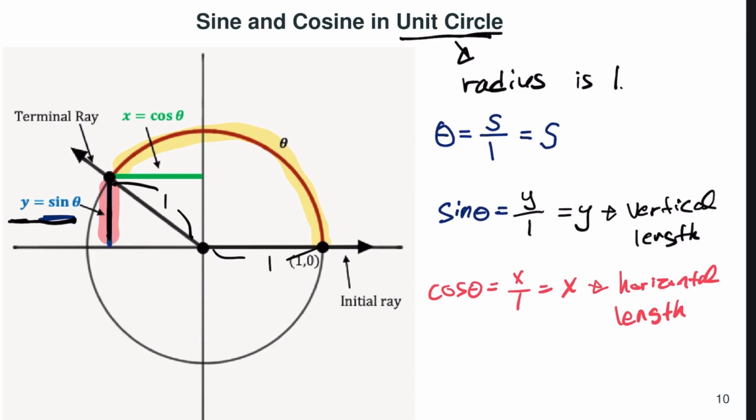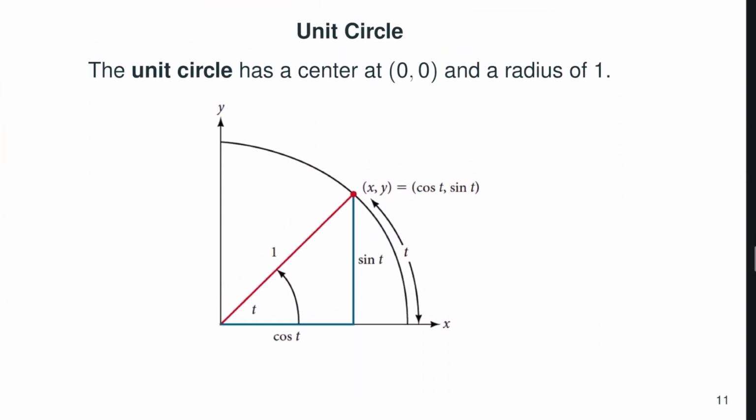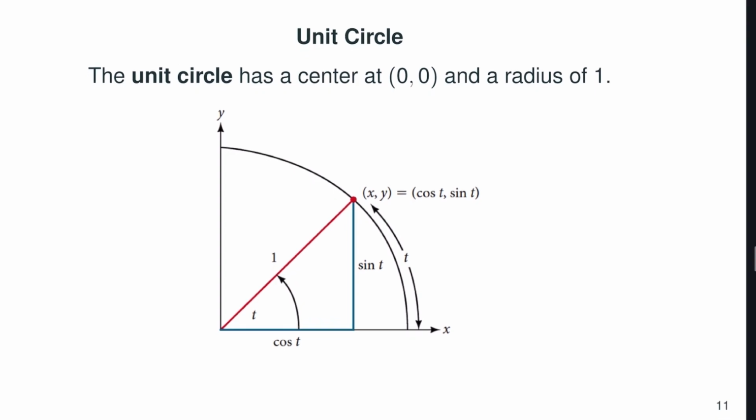So let's just look at the first quadrant of a unit circle. That's how it looks, and we're looking at the x and y coordinates. Just like we talked about in the previous bit on angles, we look at x and y coordinates in standard position. In this picture, we have sine of t and cosine of t. For sine of t, the input is this angle.